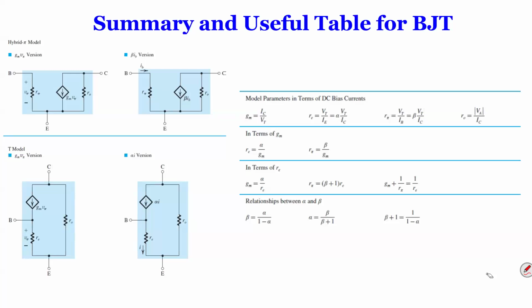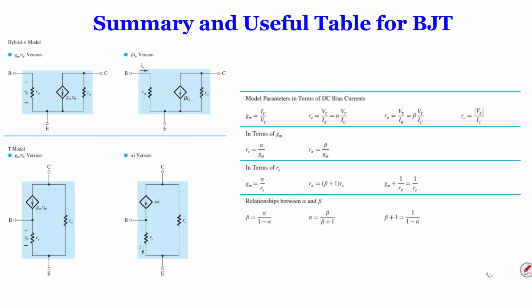The circuit on this side is really just a transformation: instead of using voltage as the input, it uses a current as an input. So you have a current here, and this becomes alpha times I, and this becomes I, this becomes IE.